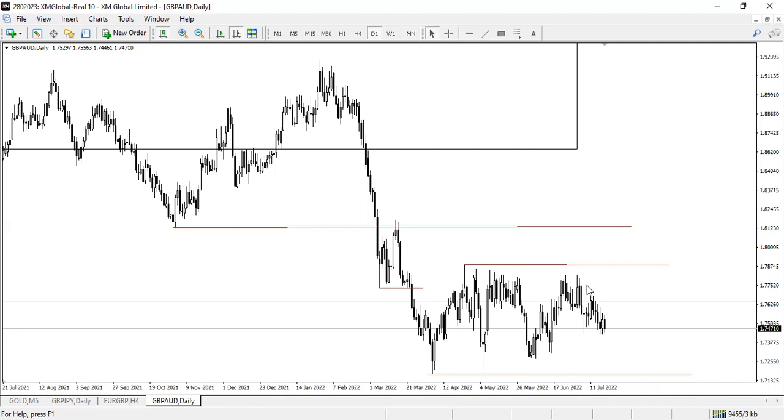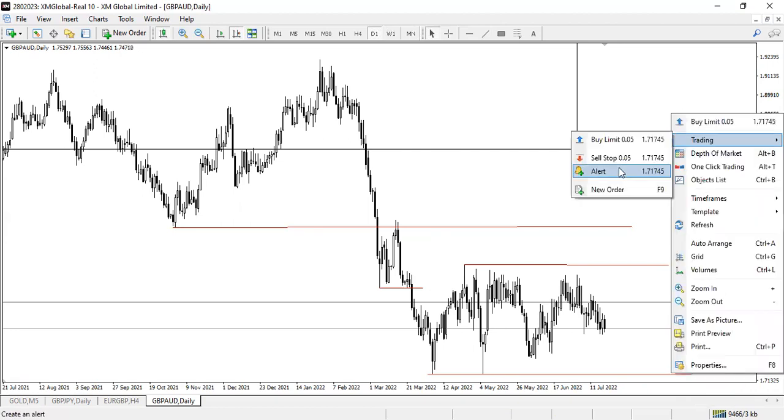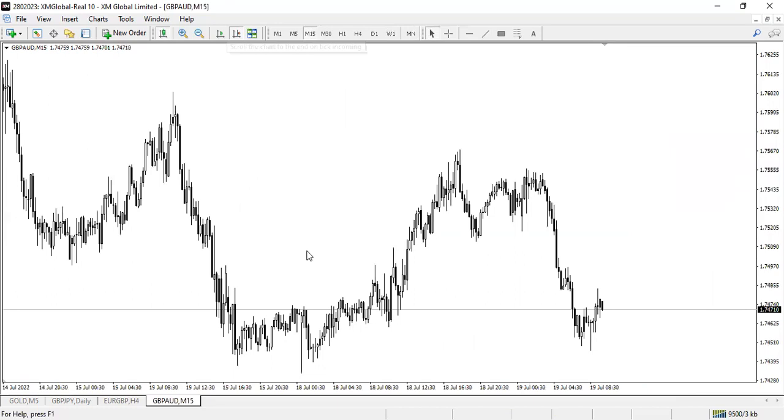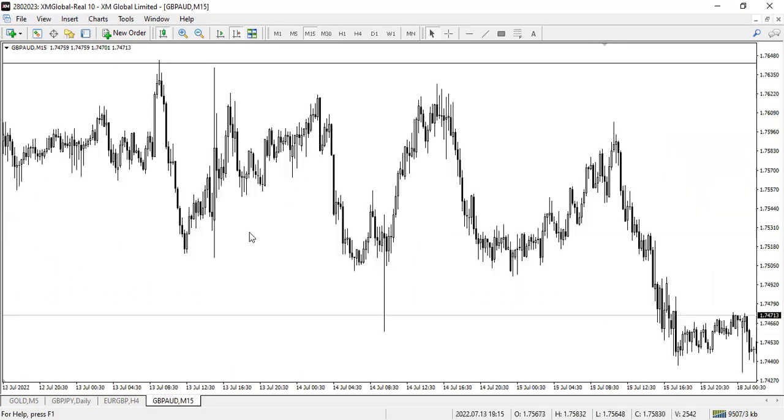Before we get there, set an alert here. When the market gets there, you'll get the ring saying your point of interest is not mitigated. And when it gets there, you then switch to your preferred lower time frame.